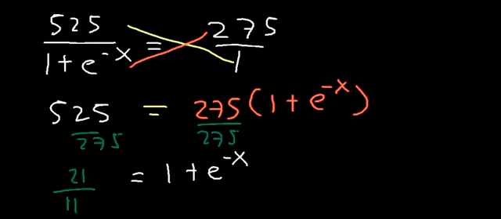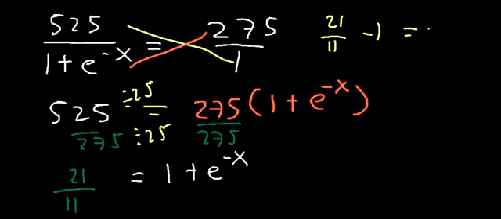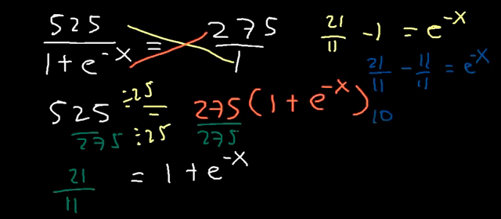If you divide each one by 25, that's how you can get 21 over 11. So next I'm going to subtract 1 from both sides. So now 21 over 11 minus 1 is equal to e to the negative x. And 1 is the same as 11 over 11. So 21 minus 11 is 10. So we have 10 over 11 is equal to e to the negative x.